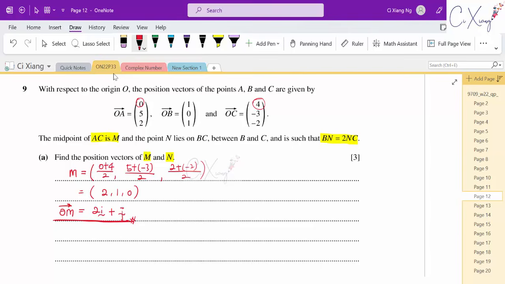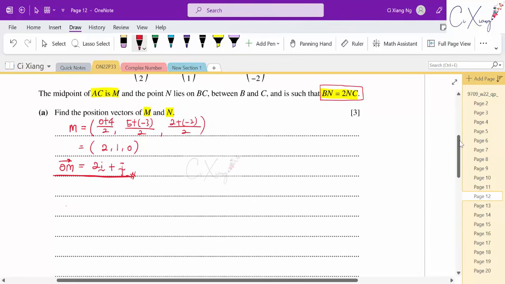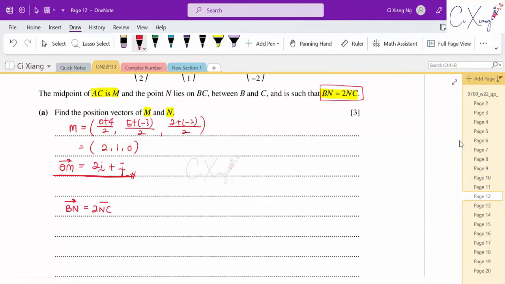Alright, and after that, to find out the position vector of N, we should try to use this formula. BN equals to 2NC, and I will try to change this become the vector. I'm having BN equals to 2 times of NC. BN can be written as BO plus ON equals to 2 times of NC, means NO plus OC.